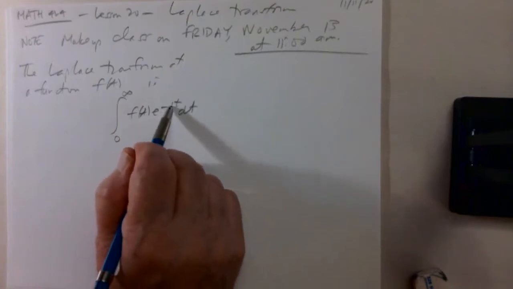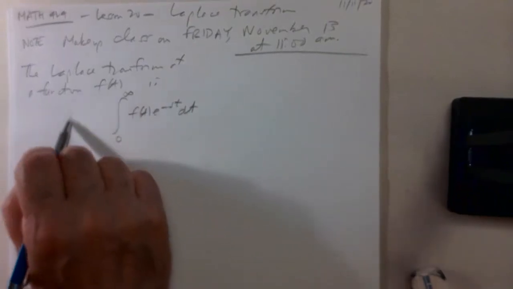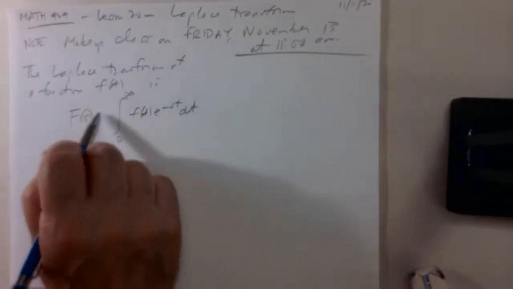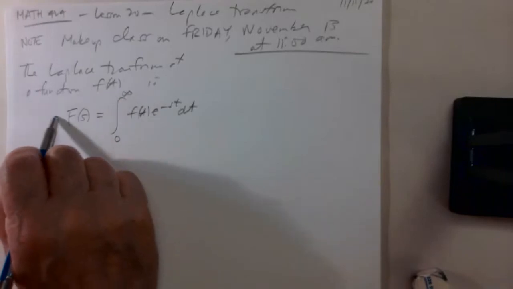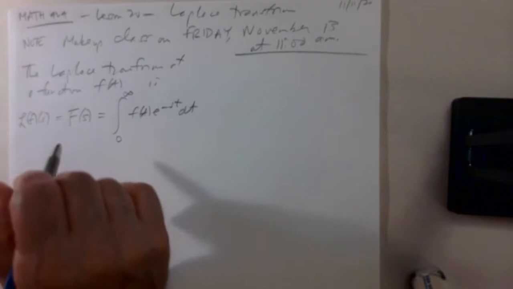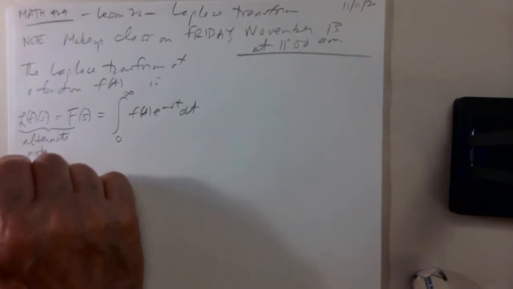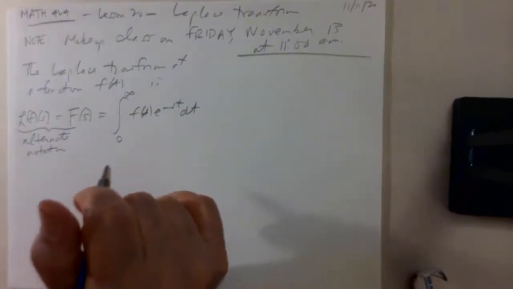There's a parameter s, which makes this a function of s. And we sometimes write this as capital F of s if the function is little f. And we also sometimes write this as L of f evaluated at s. So these are alternate notations. We use both of them.